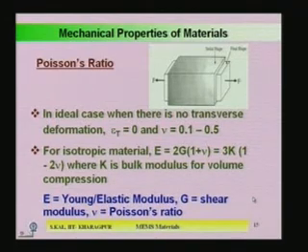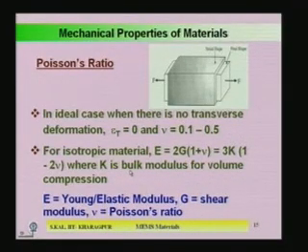Now, in the ideal case, when there is no transverse deformation, obviously epsilon T equals 0, then we will have only epsilon A, and in that case we can call it nu, and it varies from 0.1 to 0.5.